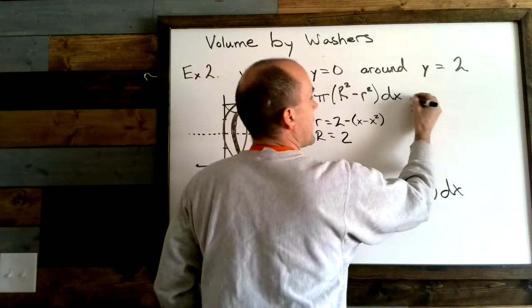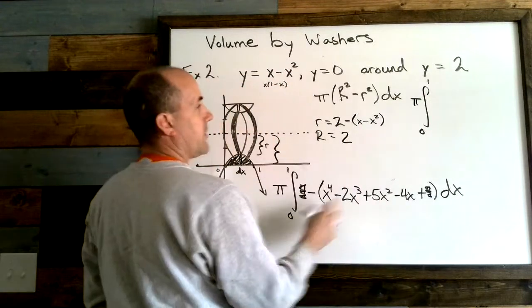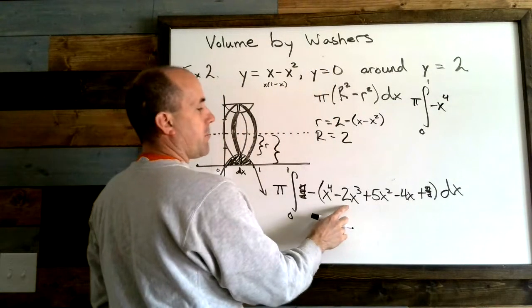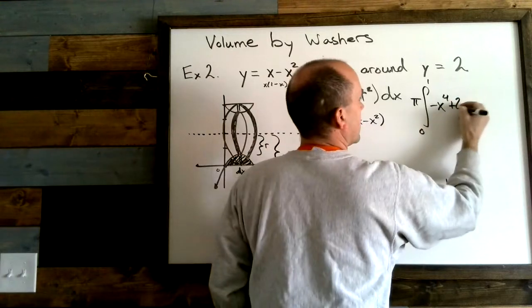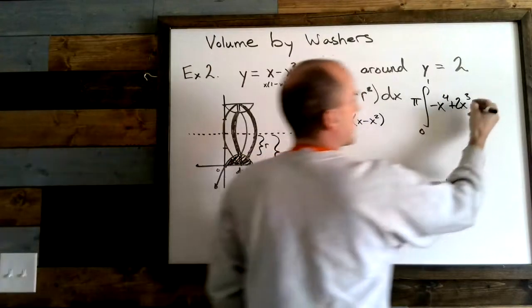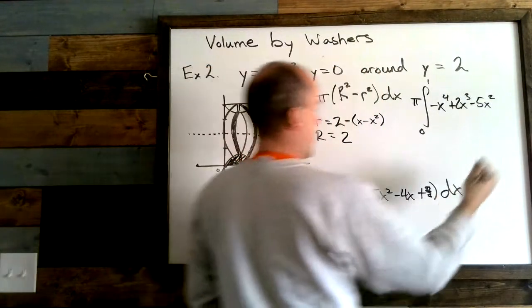This becomes pi times the integral from 0 to 1 of negative x to the 4th, and we have a plus 2x cubed, we have a minus 5x squared, and we have a plus 4x.